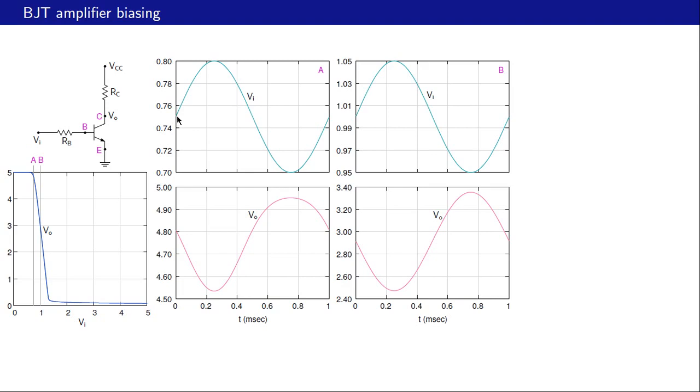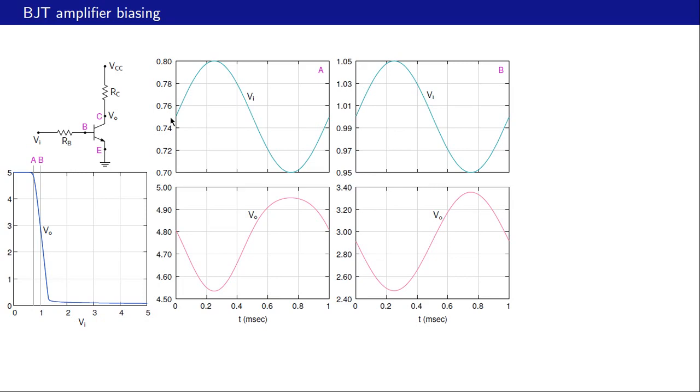This DC bias, which is 0.75 volts, corresponds to this line A here, that is 0.75 volts there. Apart from that, the input voltage in this case is the same as the input voltage in the earlier case, the B case. The amplitude is still the same, so it's 0.1 volt or 100 millivolts peak to peak.